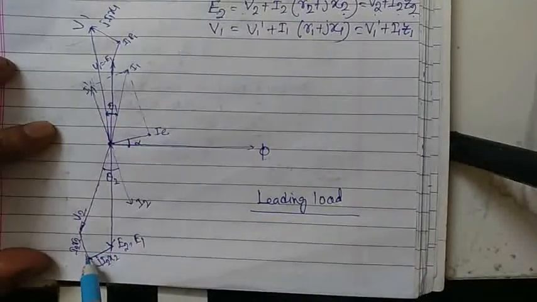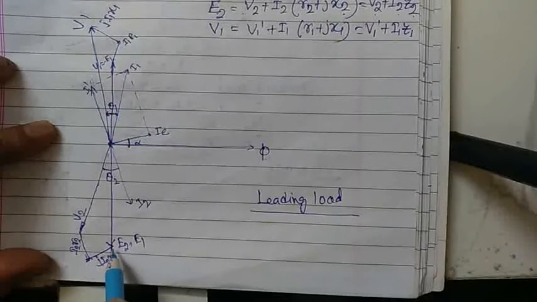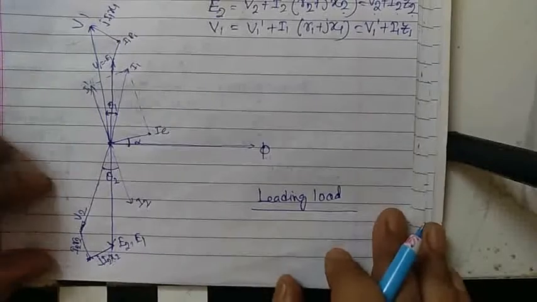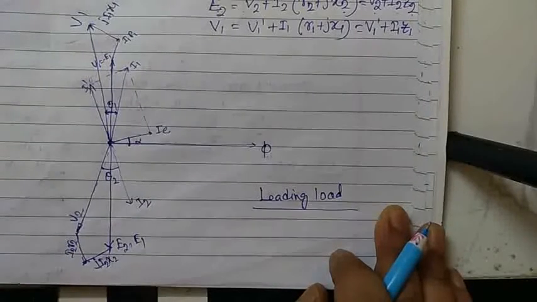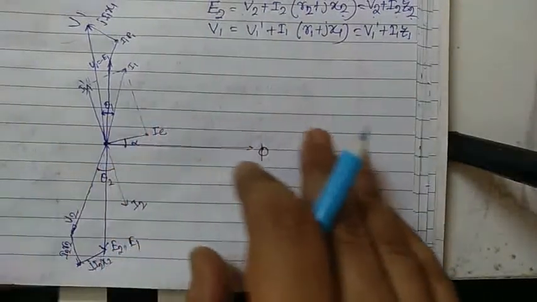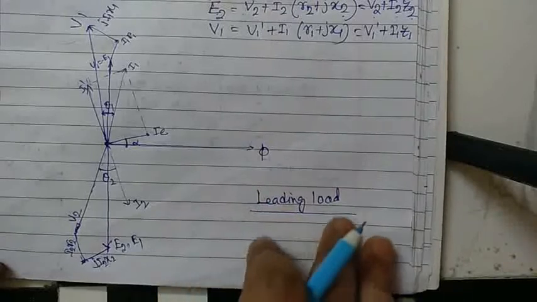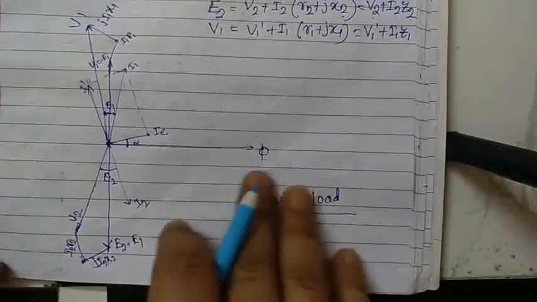Now from I2 R2, 90 degrees apart, is j I2 X2, and this is E2. The phasor sum of V2 plus I2 R2 plus jX2 I2 gives the secondary induced EMF E2. So it is clear that this is the phasor diagram at leading load power factor condition.